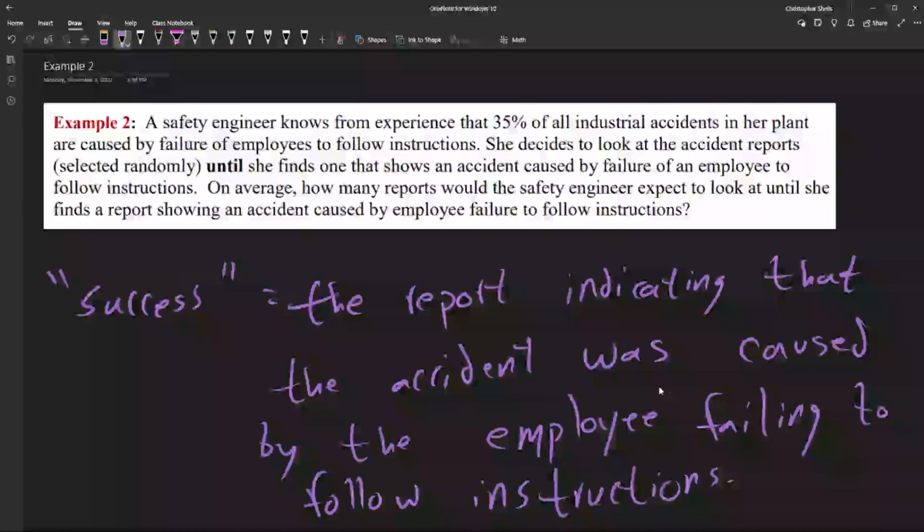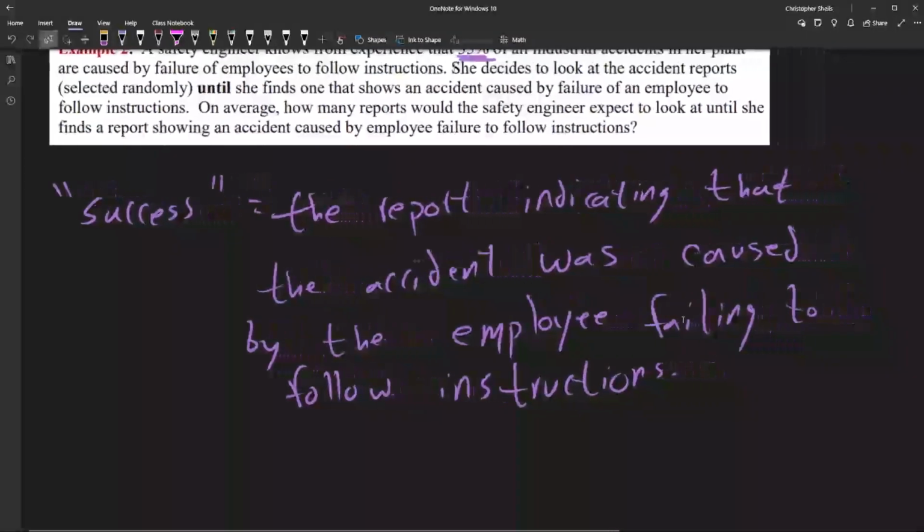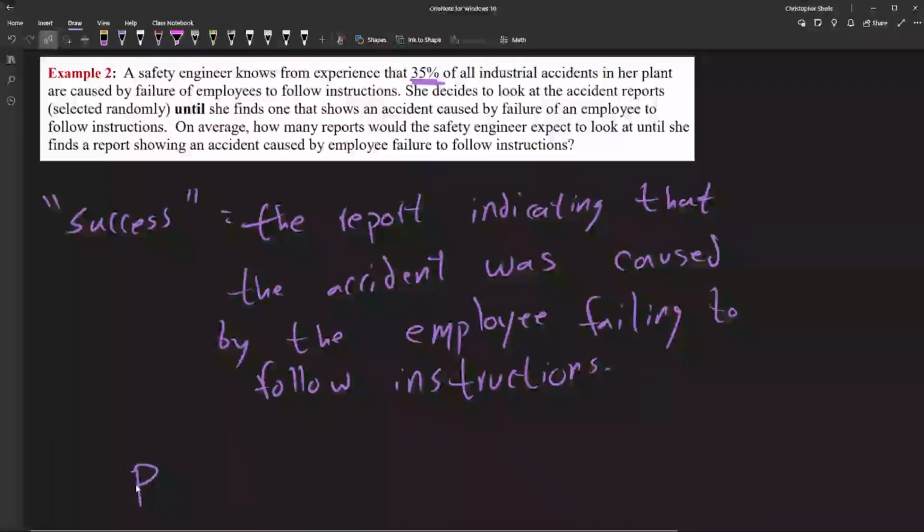The problem tells us that this happens 35% of the time. So the probability of this success, P, is 0.35.